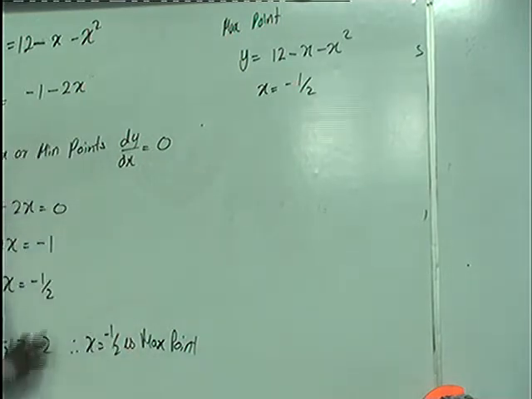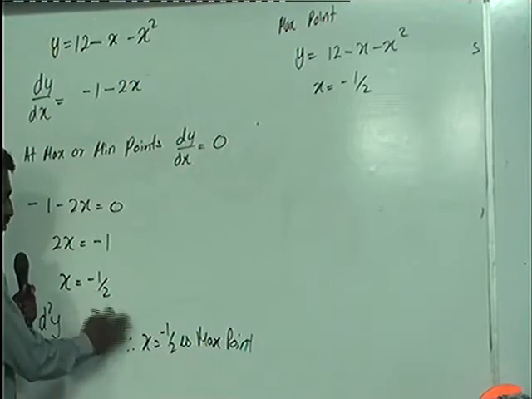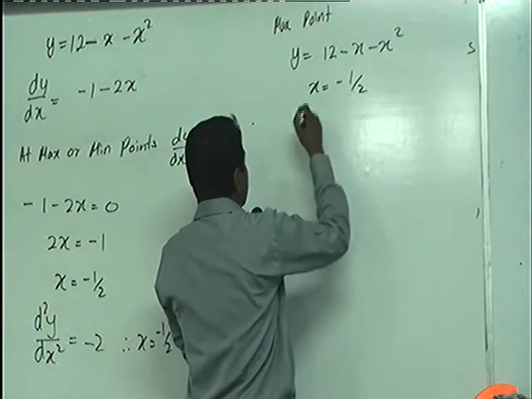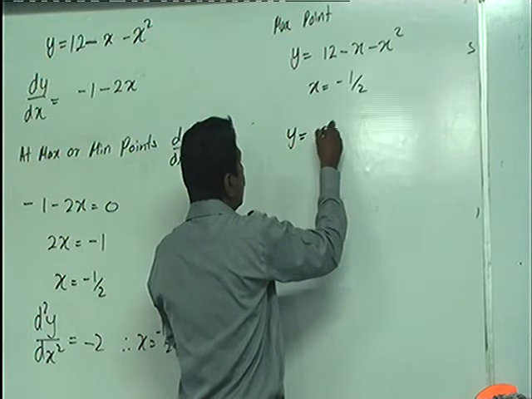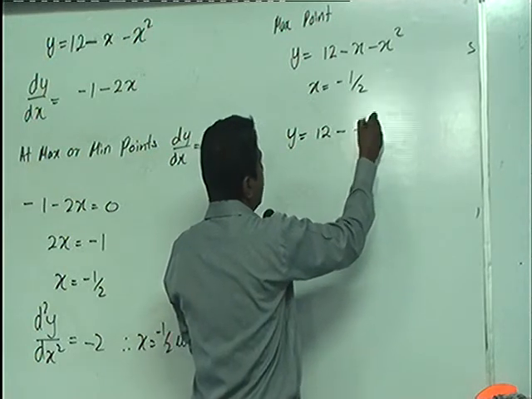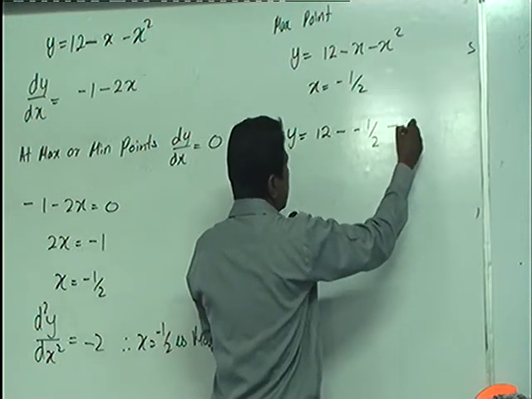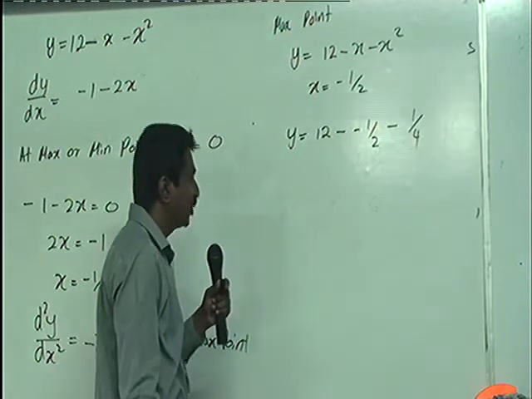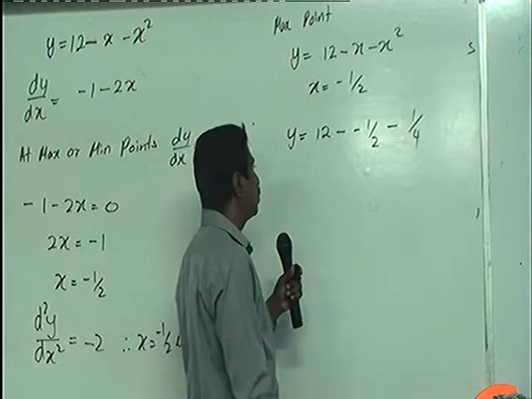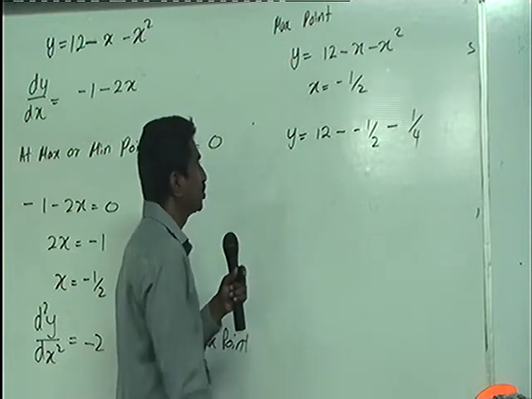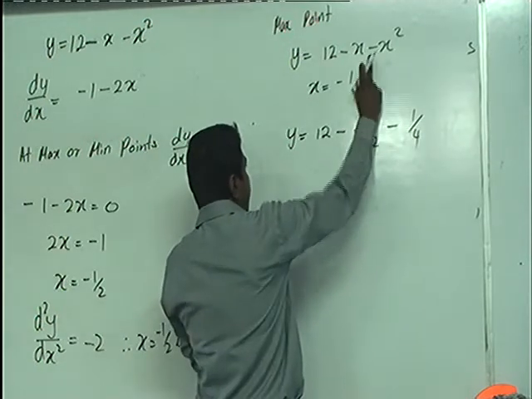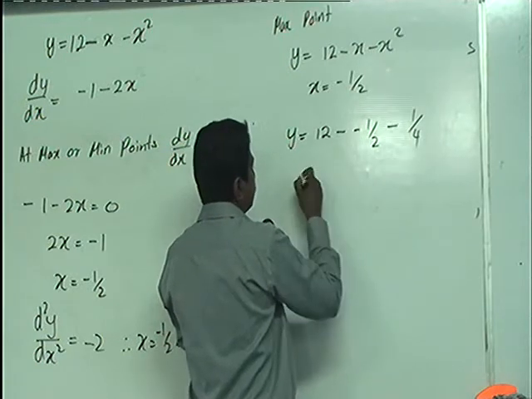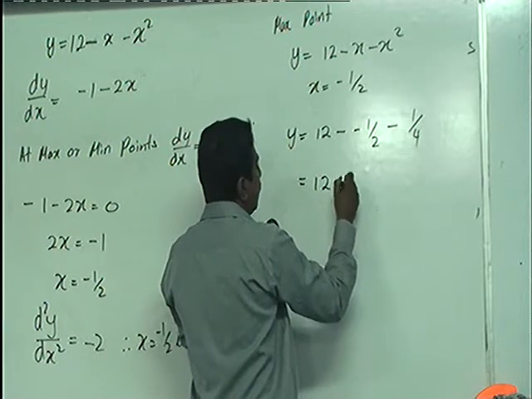So y equals 12 plus half minus 1 over 4, because minus 1 over 2 squared is plus 1 over 4, and with the minus sign it becomes minus.